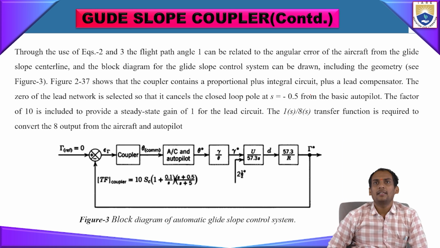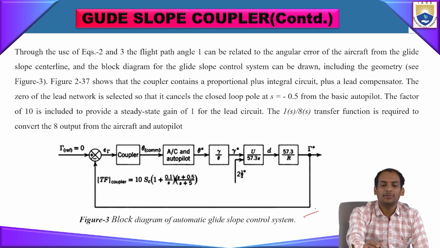See, the flight path angle can be related to the angular error of the aircraft from the glide slope center line, and the block diagram of the glide slope angular has been given here. So here you see again there is a summing amplifier, after that the coupler, and the aircraft autopilot transfer function, and then the transfer function relation with respect to gamma by theta, and for tau also 57.3, and that controlling agent has also been given here.